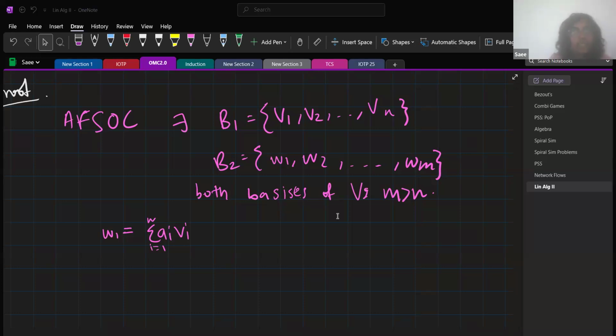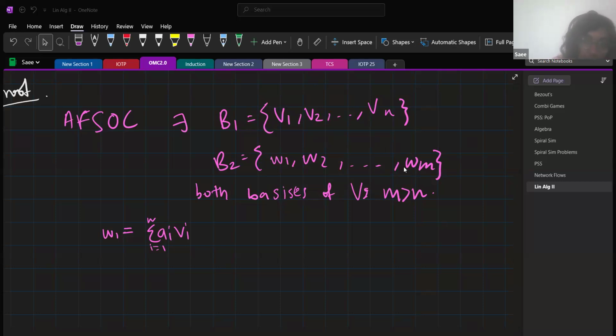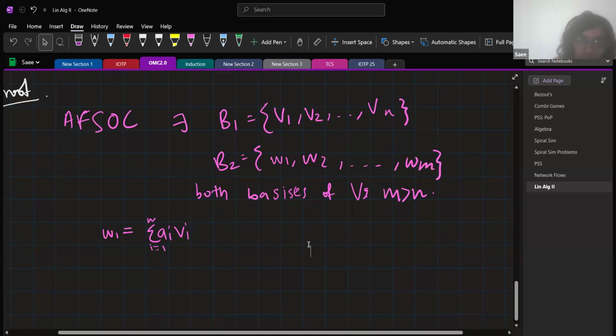That makes sense. So what Arham is saying is for n of the Wi's we can write them as linear combinations of the Vi's. And then from there can we show that the remaining Wi's can be written as a linear combination of the Wi's.